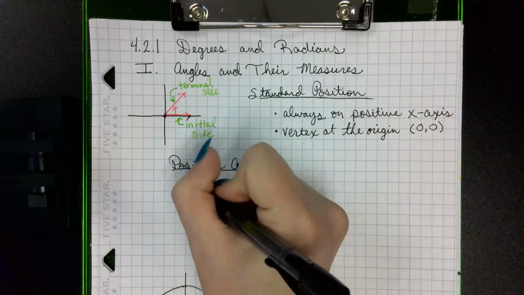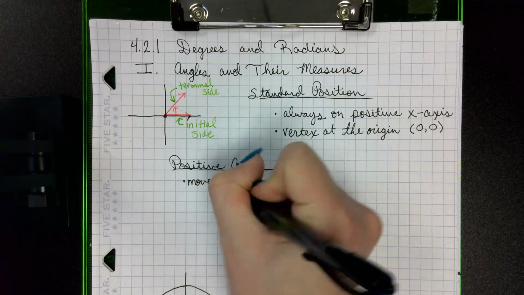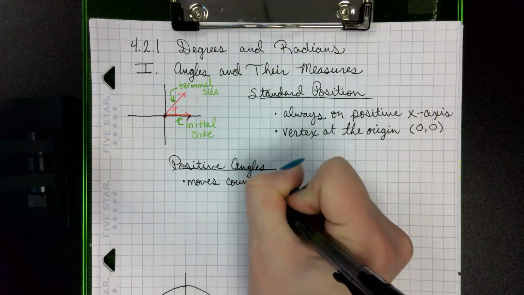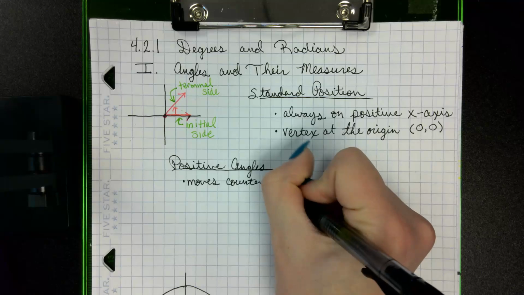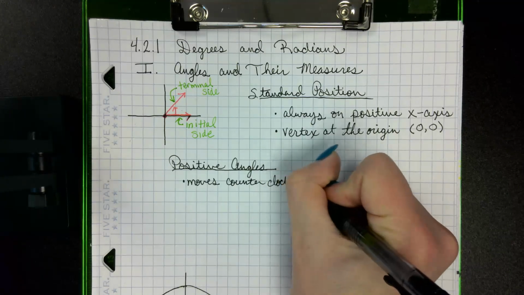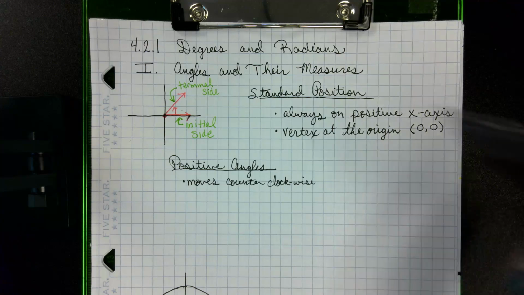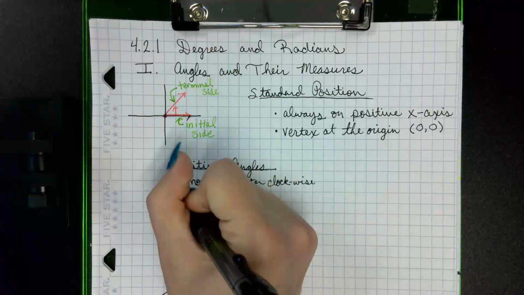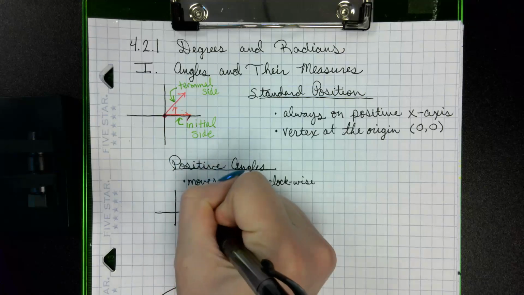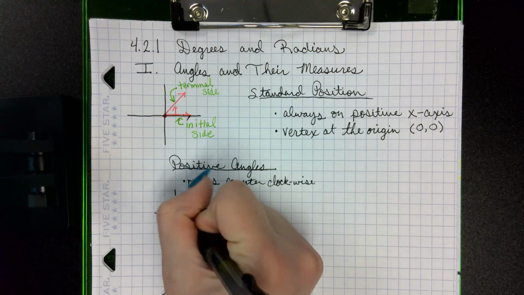So it moves counterclockwise from the initial side. So here from the initial side, it went up, so let's just do another sketch. I am sketching this as an acute angle, just to be very clear.